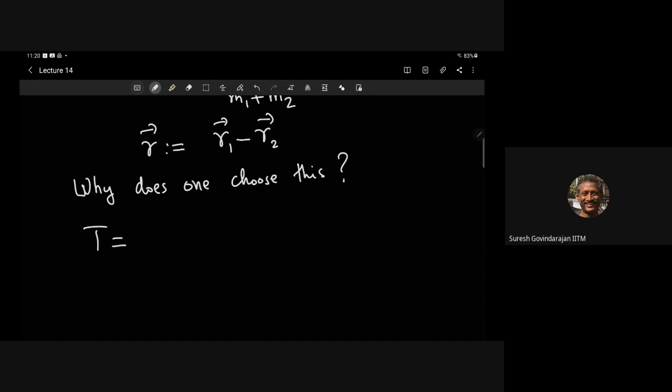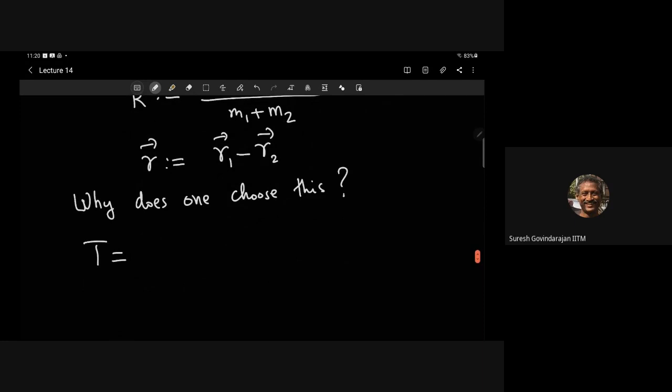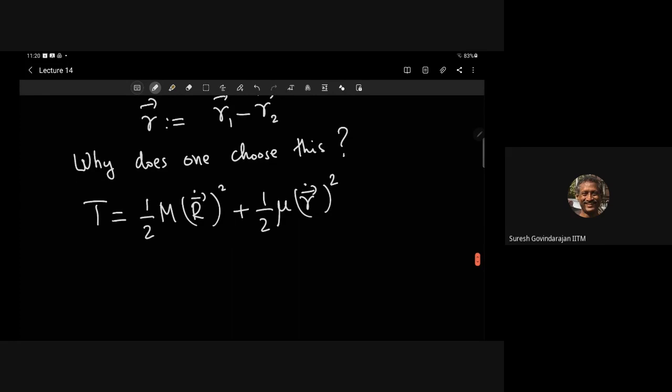If you work out T in terms of these new variables, T will turn out to be a sum of two terms. So it decouples. What is happening is that there are no cross terms.